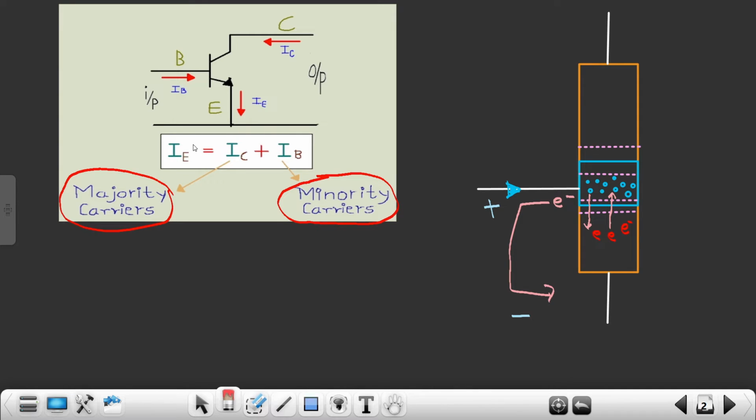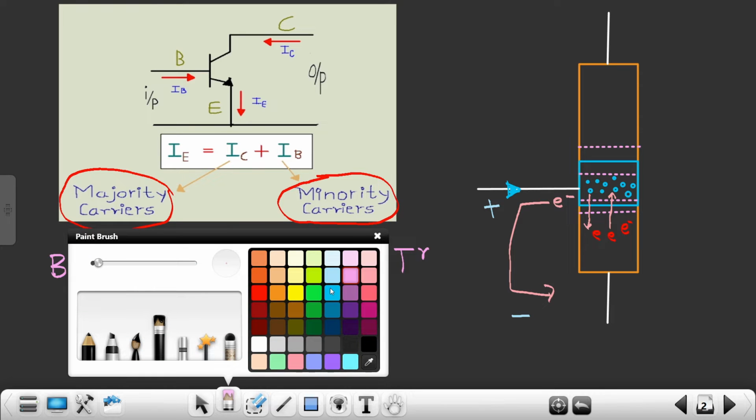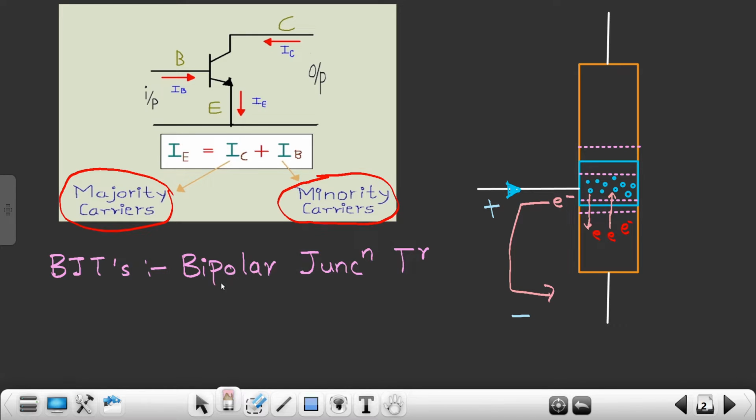This is why the BJT, the bipolar junction transistor, is also known as a bipolar device. Here is the point of why exactly it is known as bipolar.